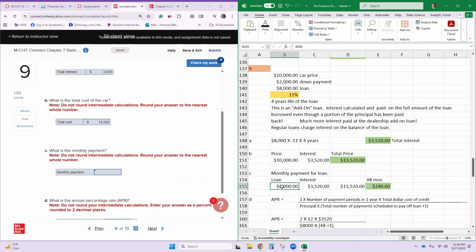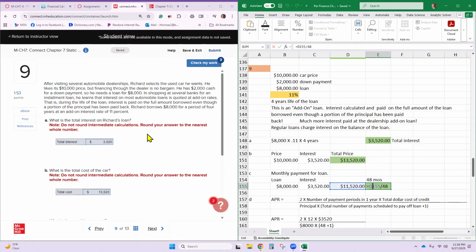So then you take the loan plus the interest, 11,520, and then you divide by 48. It said 4 years. What is the monthly payment? I want to make sure it's 48. Yes, 48, because it's 4 years, and 4 times 12 is 48.